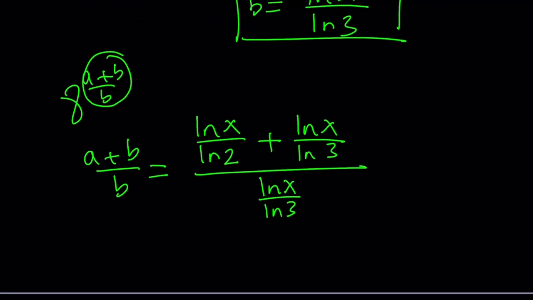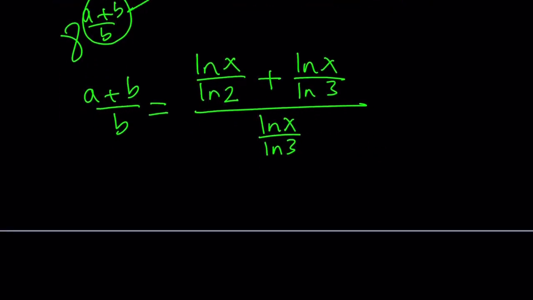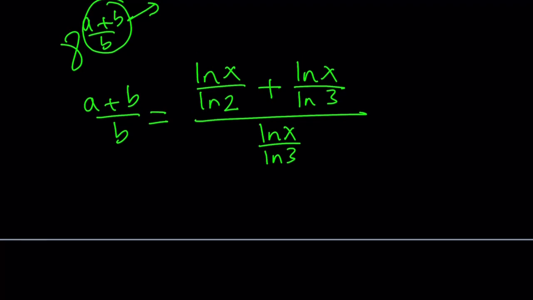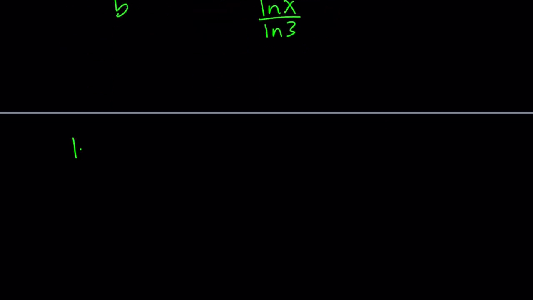Let's simplify this, make it as simple as possible, and then use it as an exponent here. First of all, notice that we can take out ln x. Inside the parentheses, we're going to get 1 over ln 2 plus 1 over ln 3.